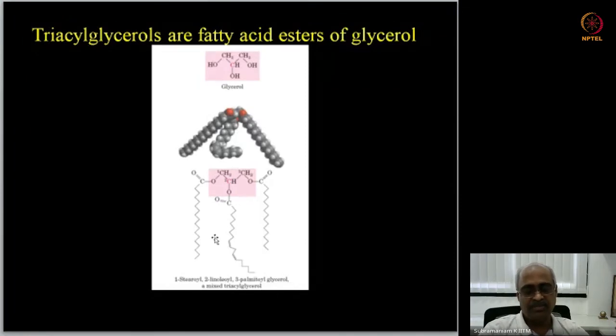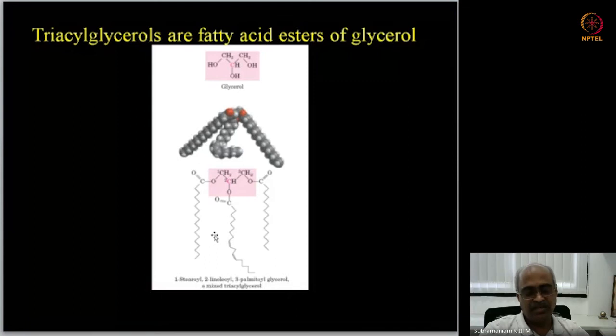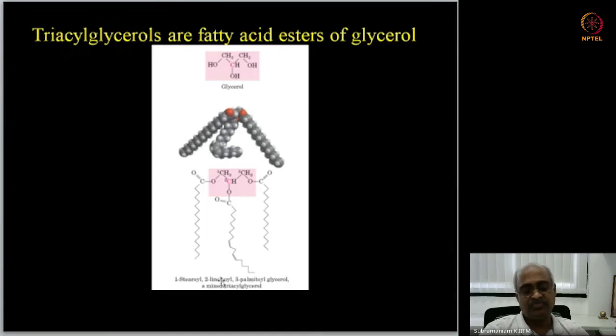Compare it with glycogen or starch, where the carbon atoms of these monosaccharides have hydroxyl groups. They are basically polyalcohols, so they have limiting potential for oxidation. They are not fully reduced.